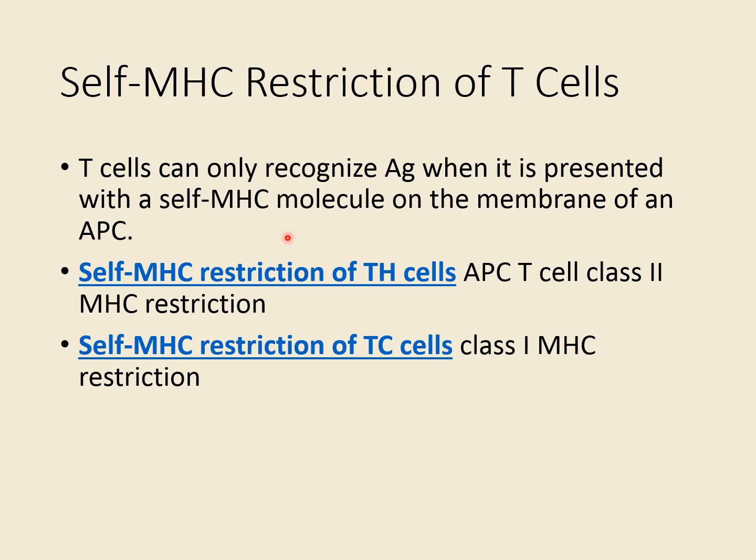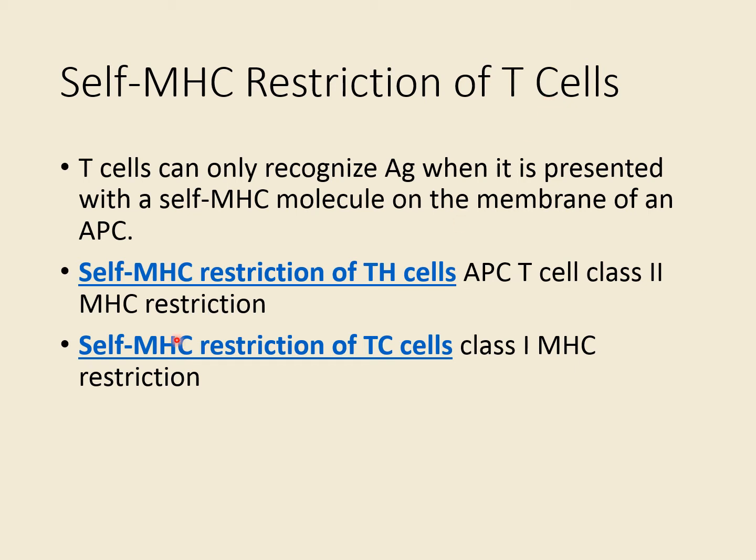So, an antigen can only be recognized when it is presented by a self-MHC molecule. Otherwise, a T cell response will not be generated. So the T cell response is restricted to presentation of antigenic peptide via self-MHC. If a foreign MHC presents a peptide, it will not result in a T cell response.